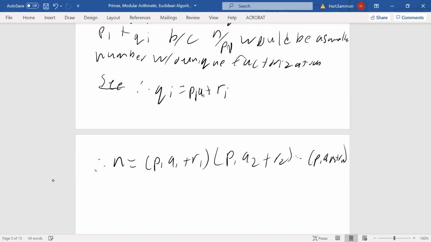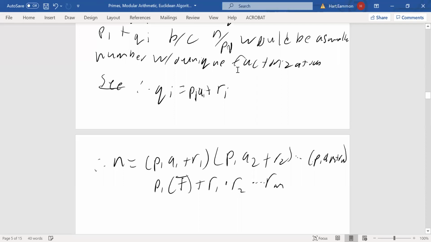Right. So we can write this as P1 times, we'll call this T, plus R1 times R2 times all the way till I get to Rm.